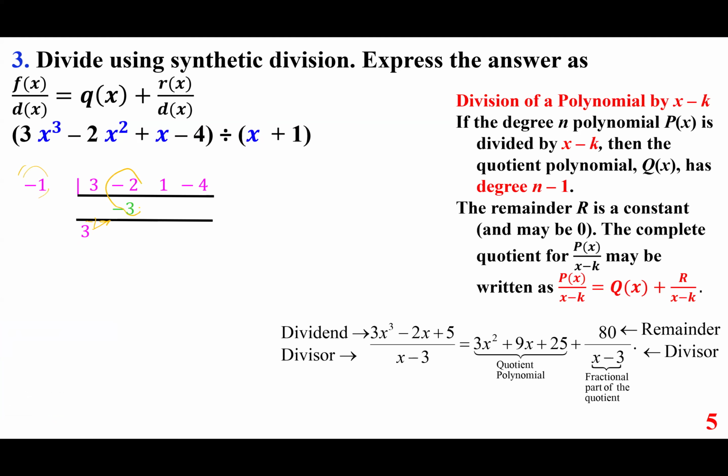Now we add these two, we get minus 5. Again, we multiply by negative 1, we get positive 5. We add them up, we get 6. Multiply by negative 1 again, we get minus 6. Add them up, we get minus 10.